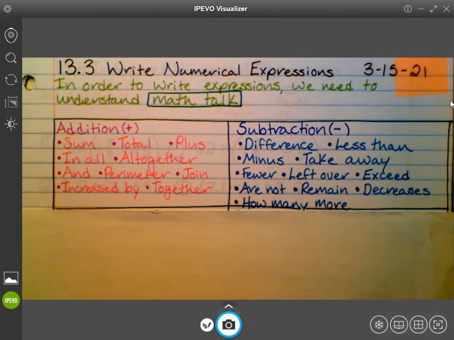Sometimes they use different words or phrases to mean subtract or add. Do you think it might be helpful to have this page in your notebook open when you do your homework tonight? Yeah, because then you can look over and see, okay, I see this phrase, I see exceed. What does that mean? And then you can look back at your notes. Oh, it means to subtract.